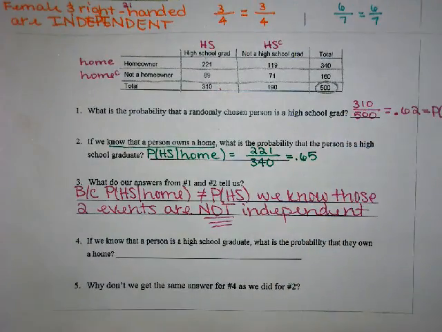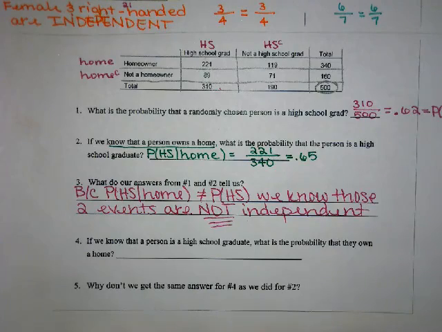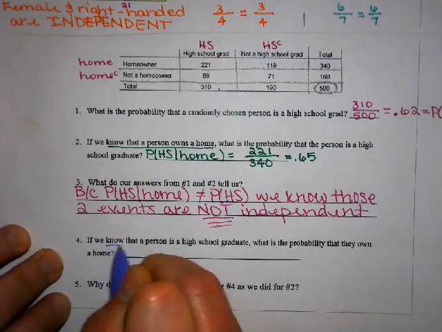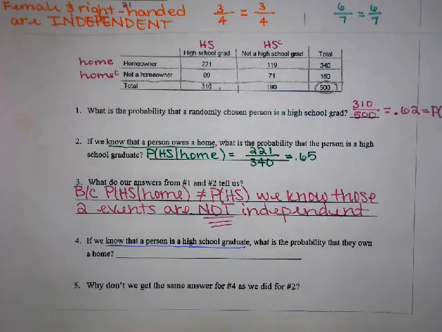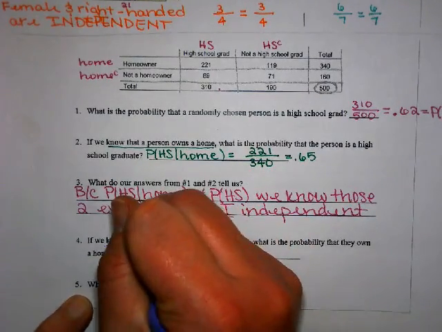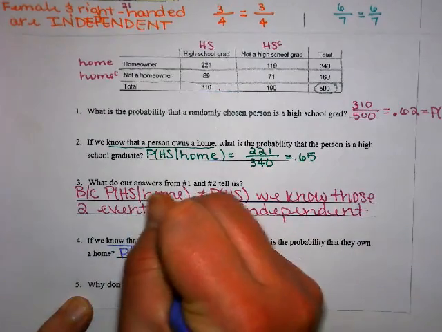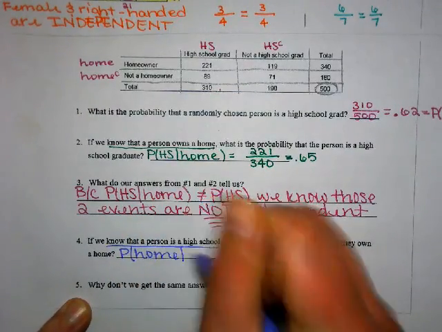Number 4 says if we know that a person is a high school graduate, so we're given our condition, they graduated from high school, what's the probability they own their home? So what's the probability they own their home given they graduated from high school? Anybody want to try that one for me?